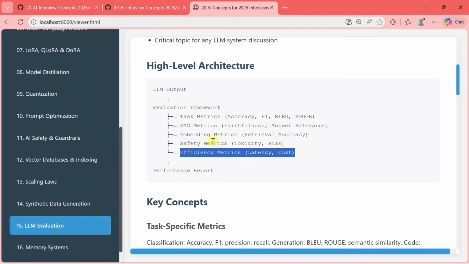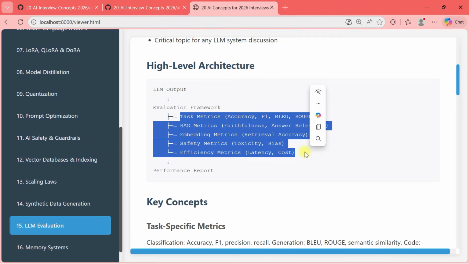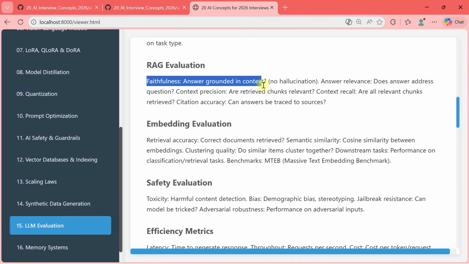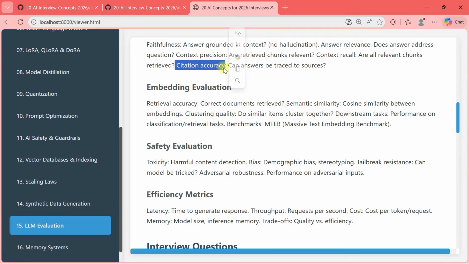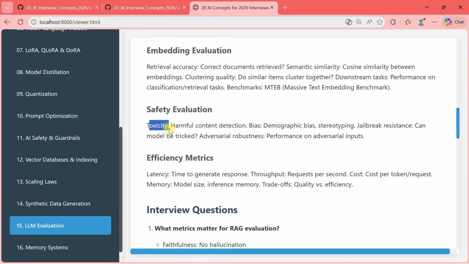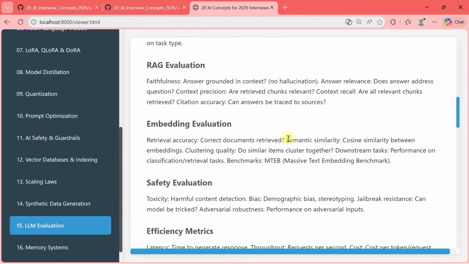So remember, evaluation can be done on multiple fronts. Again, I have given definitions of all these: what is faithfulness, what is context precision, what is citation accuracy, what is retrieval accuracy, what is toxicity, how do you check efficiency metrics. All these are important for you if you want to attend an AI interview in 2026.